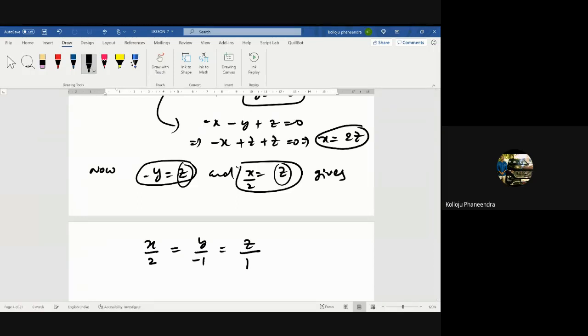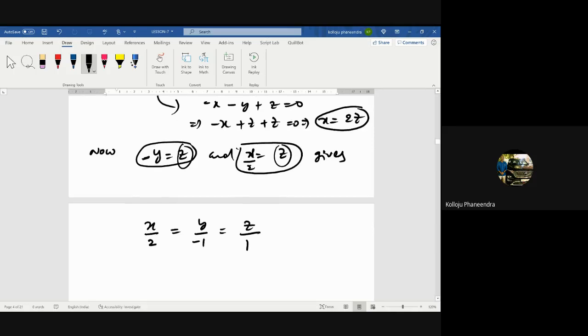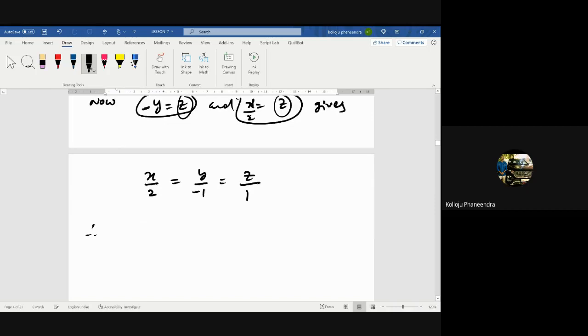See, x by 2 equal to z, y by minus 1 and z by 1. Therefore the third eigenvector is x3 equal to (2, minus 1, 1). This is one model.